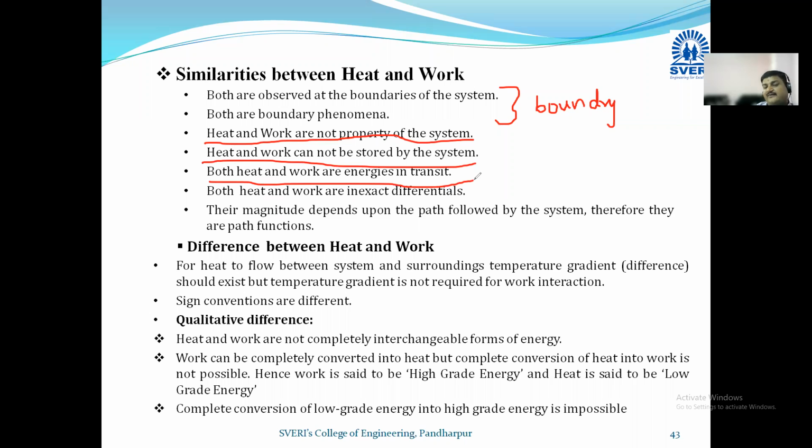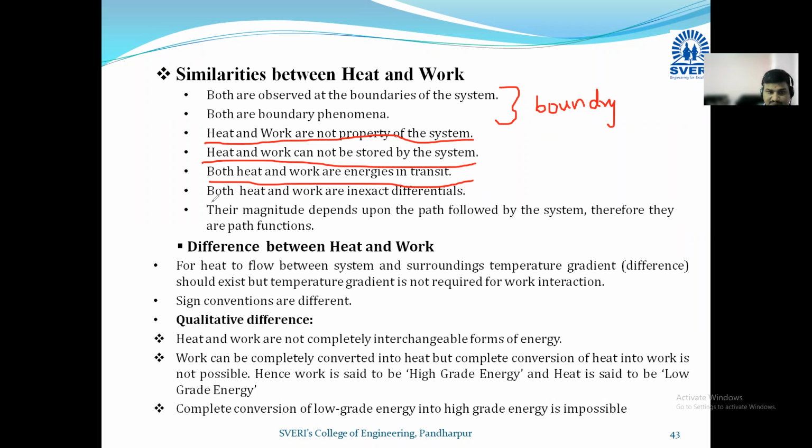Both heat and work are inexact differentials. You can understand it in the language of mathematics. You cannot exactly differentiate between heat and work because both are the forms of energy. हीटचं कधी वर्क मध्ये कन्वर्जन झालं, वर्कचं कधी हीट मध्ये कन्वर्जन झालं, एक्झॅक्टली यू कॅनॉट डिफाइन इट.